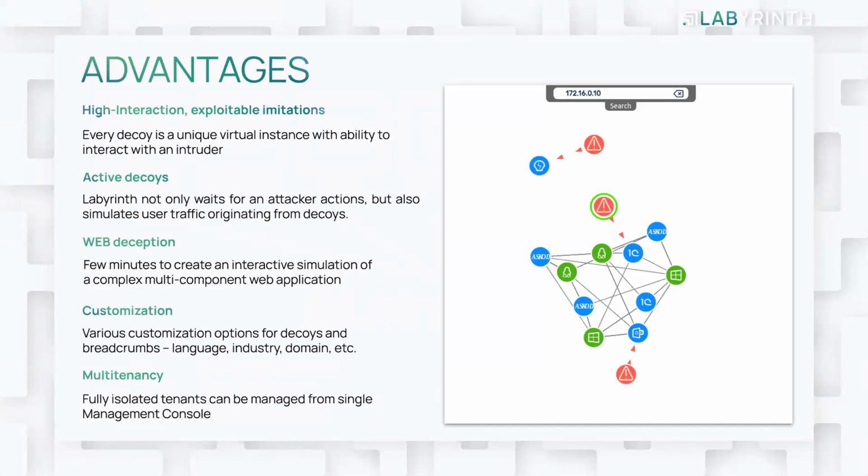What are our main advantages when we come to our solution? We have really nice, high interaction imitation in the decoys that can be used. We have also a unique universal web point. It's a special technique that we use to imitate any web application, any web interface, devices, etc. So this is very useful and very often used by our customers.